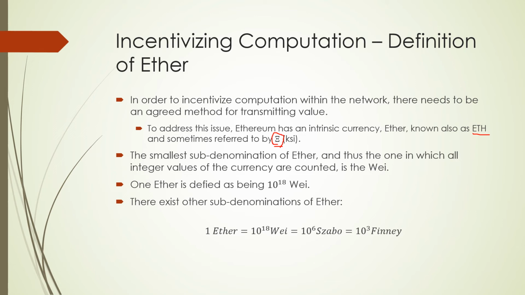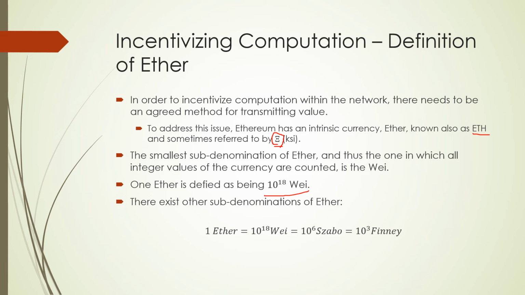smallest subdenomination of Ether is called Wei. So remember, in Bitcoin, it was Satoshi, but here we call it Wei. And 1 Ether is defined as 1 exa Wei, or 10 to the power of 18 Wei.